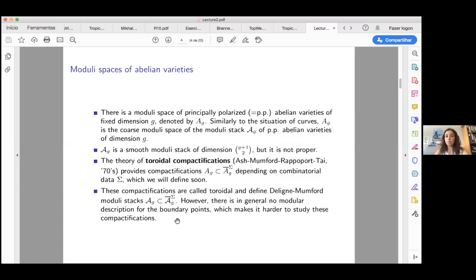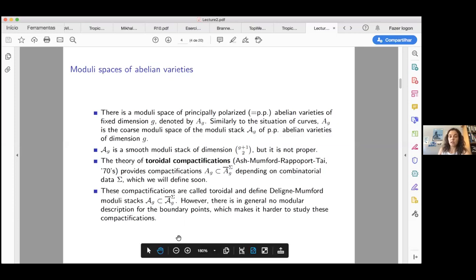Unfortunately, this is not the case in general for boundary points in the toroidal compactifications of A_g. This is something that makes our life harder when we want to study these compactifications. But there's going to be a modular description in one situation. I'll mention that later.